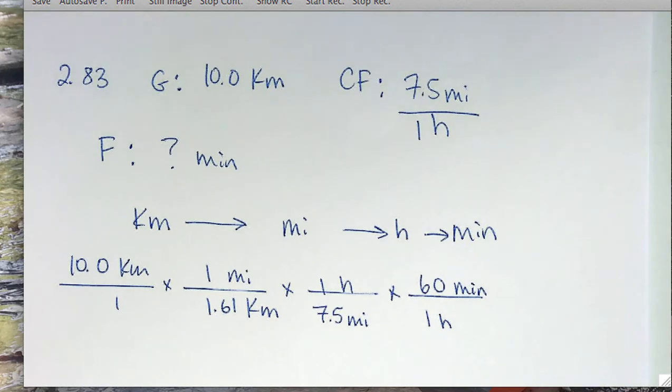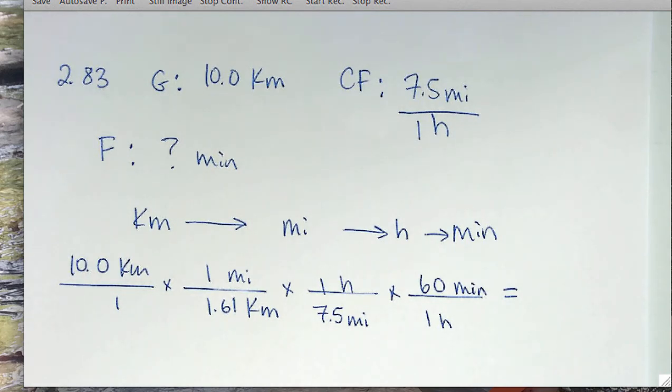Okay, so what did you get when you entered this? I have a calculator here too. Anybody else need a calculator?